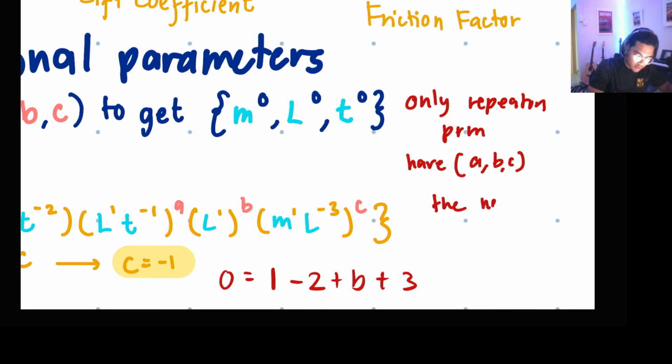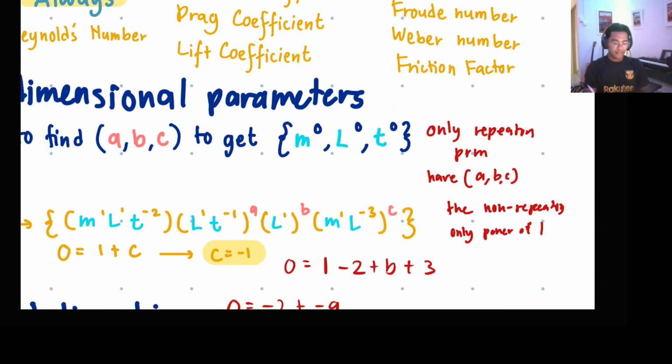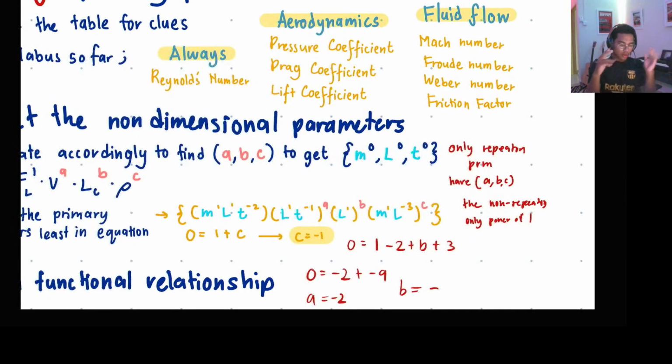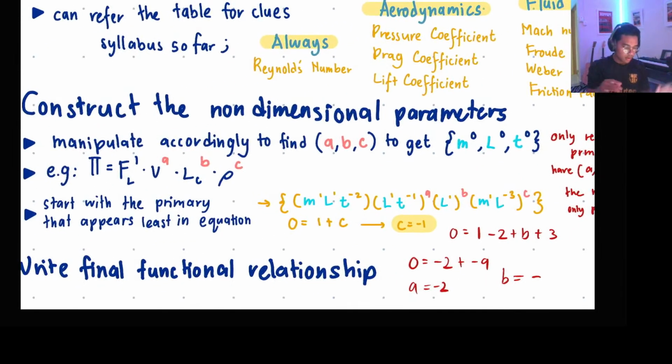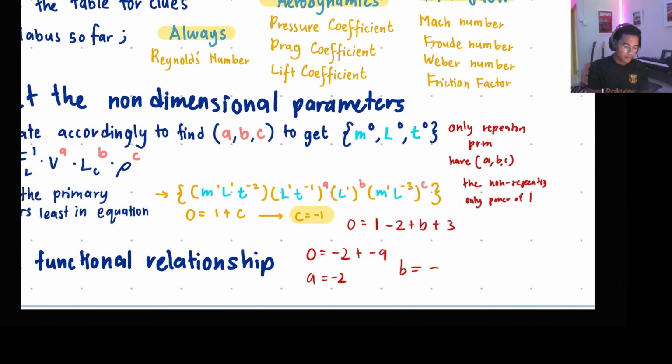The non-repeating only power of 1. Okay, so that's how you construct your non-dimensional parameters.